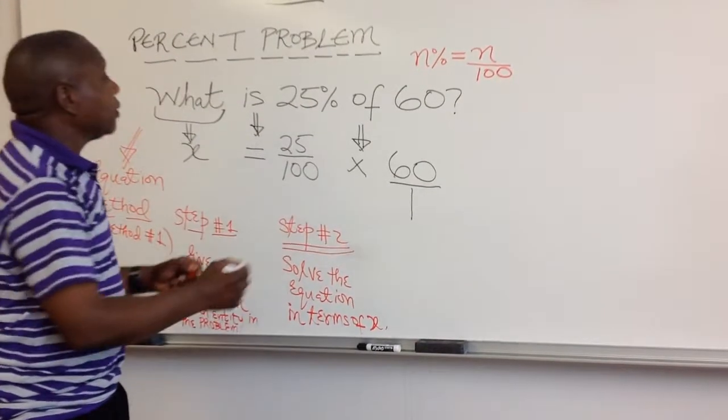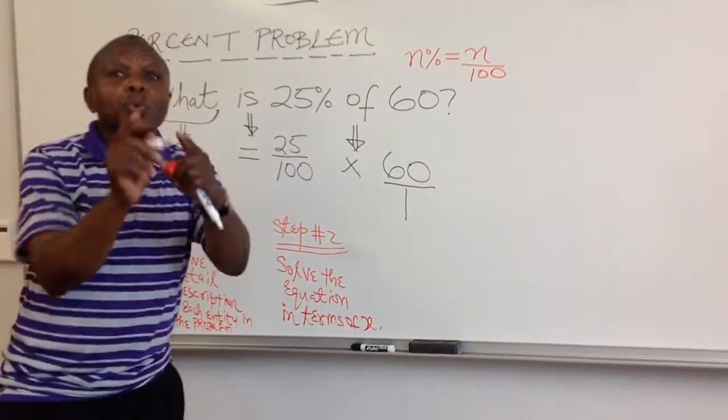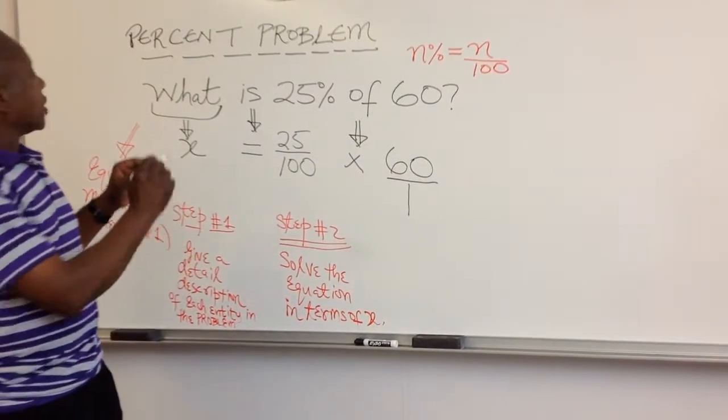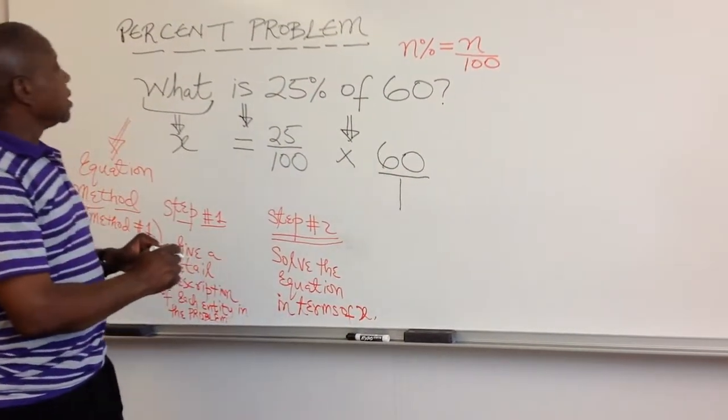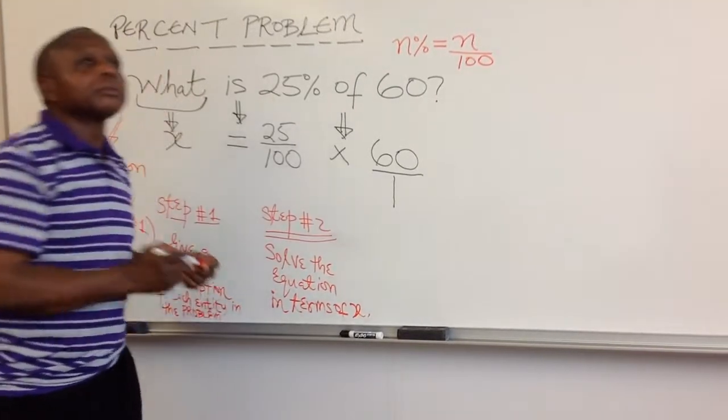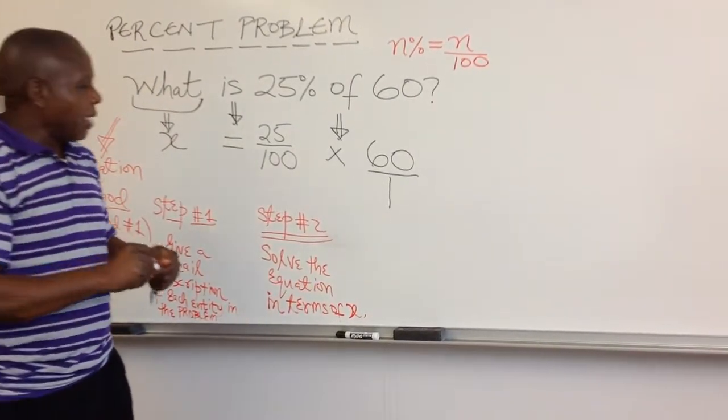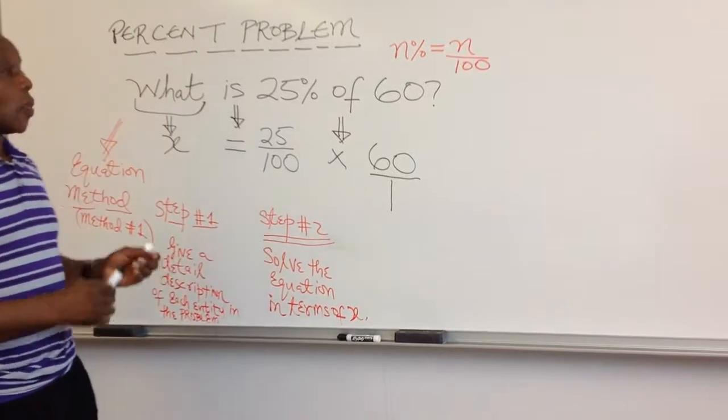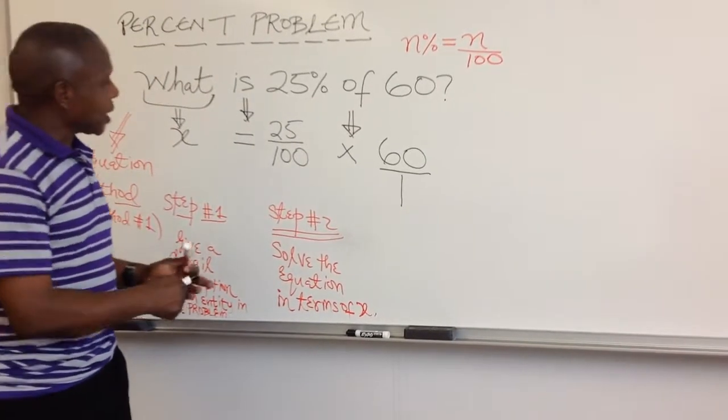So how do we solve the problem in terms of x? First, we want to know that on the right side of the equation, we now have a fraction. So one thing we can do is what?